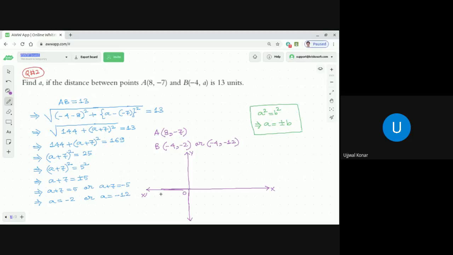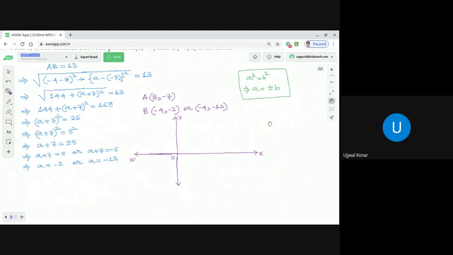So A is the point 8 comma minus 7. I'm just writing in a relative manner. It could be somewhere like this, correct or not? Because 8 comma minus 7 means you come 8 units positive and then 7 units negative.